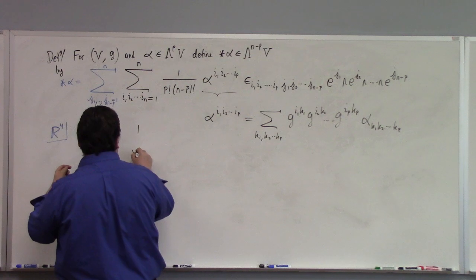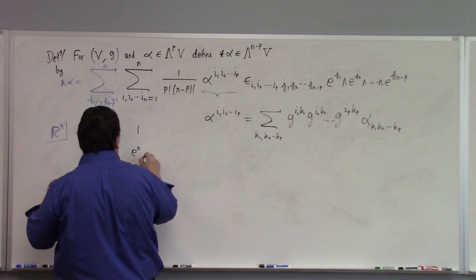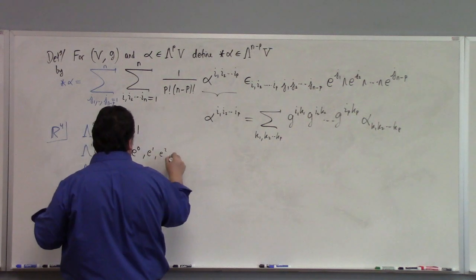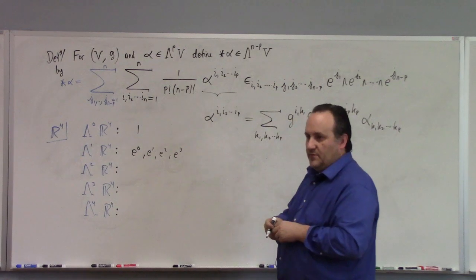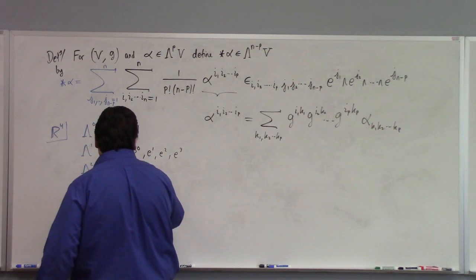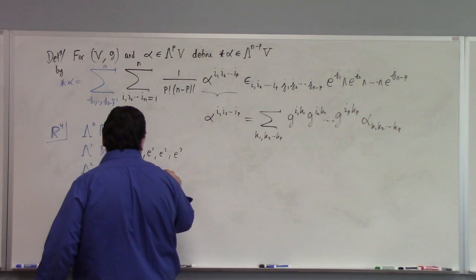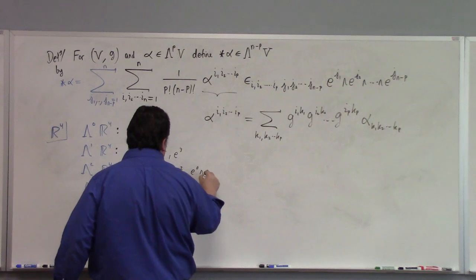For 1-forms, you've got e0, e1, e2, e3. Two-forms, you've got e0 wedge e1, e0 wedge e2, e0 wedge e3.